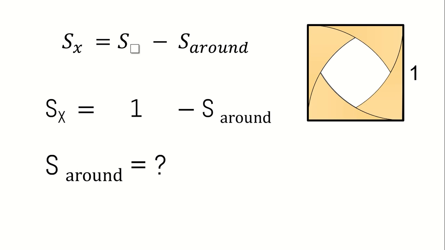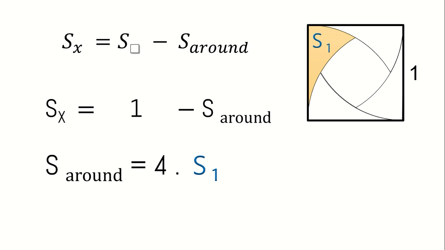What is the S1? S1 is one of the areas shown here. S1 is here. So 4 times S1 is equal to S around. So if we get the S1, we can finally get Sx.